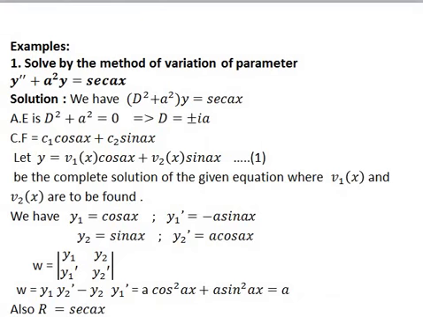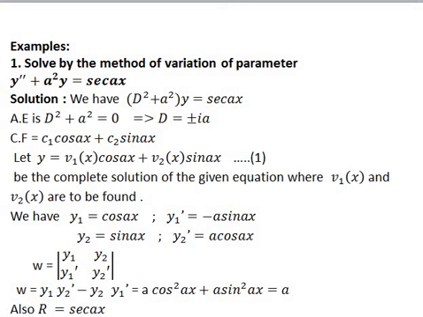Let us see examples. Solve by the method of variation of parameters: y double dash, that is d square y by dx square, plus a square y is equal to secant ax. We have y double dash, so we take d square plus a square into y is equal to secant ax.